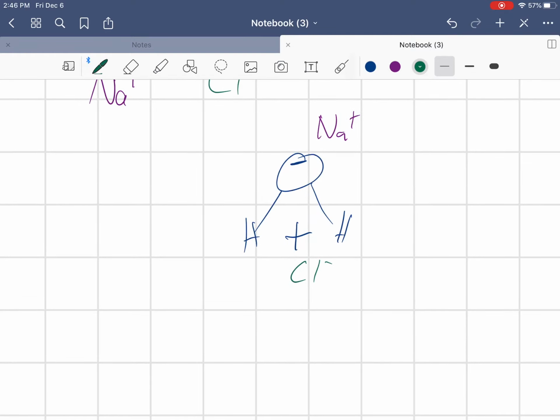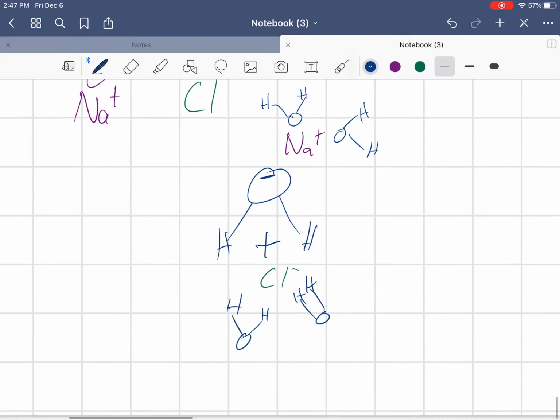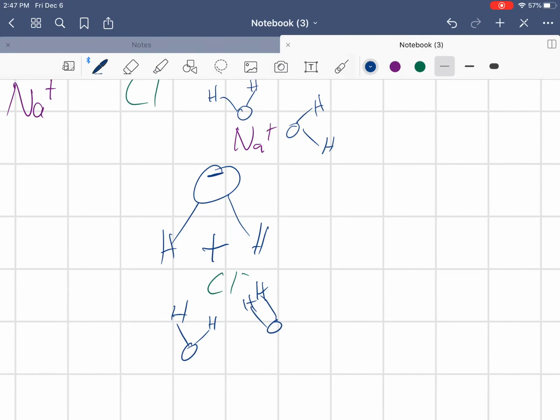Now, these are very strong attractions. Strong enough, in fact, that they'll begin to attract other water molecules. Okay? And so these other water molecules begin to also interact with the chlorine as well as the sodium. Okay? And the salt, the sodium and chlorine, these ions, they will hold tightly to these molecules, kind of holding them close together.